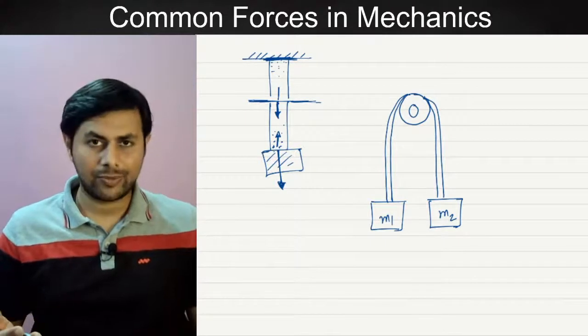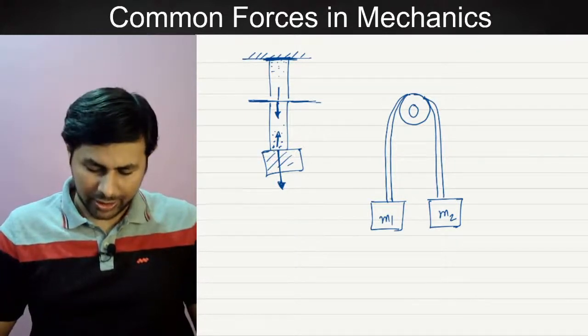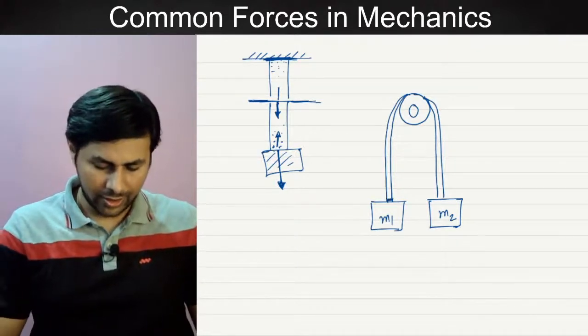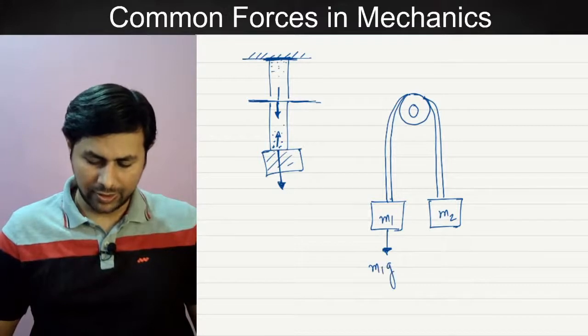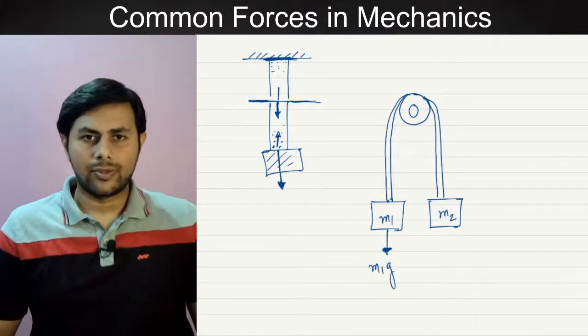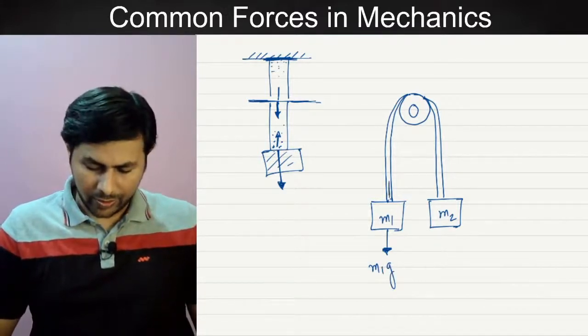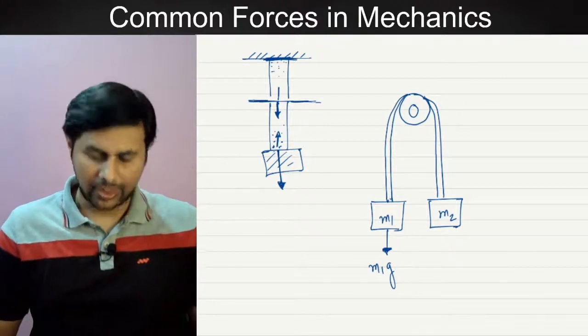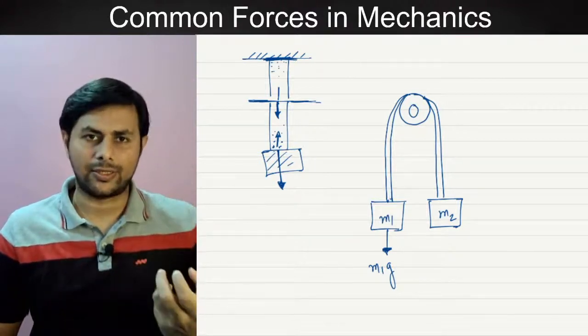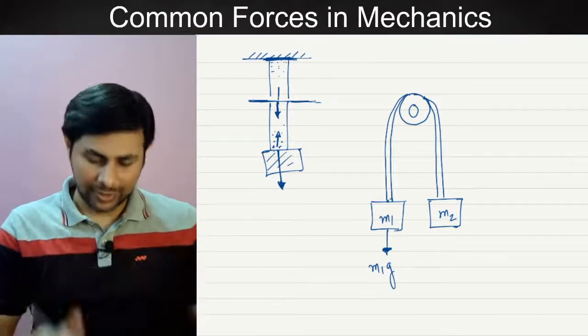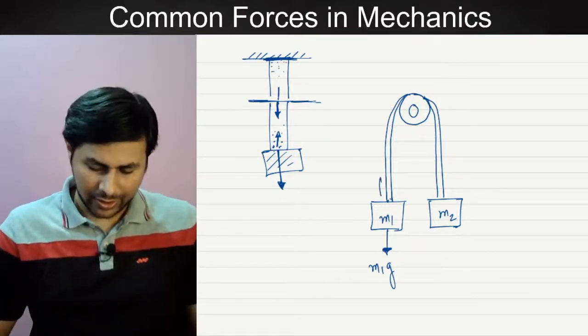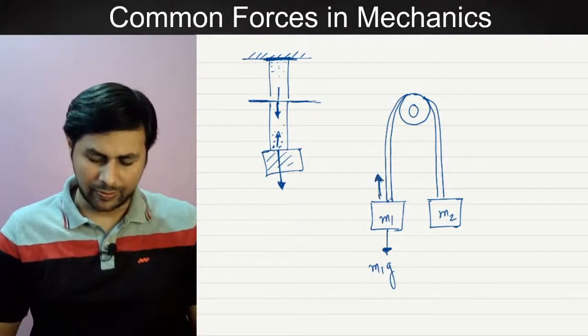But what's direction of the tension? So at this point over here, the gravitational force is acting downwards. Okay, it is m1 times g, but the rope will be pulling this mass in upwards direction. Okay, so pull on the rope is in downwards direction, and as we have seen, the tension is opposite to the pull.